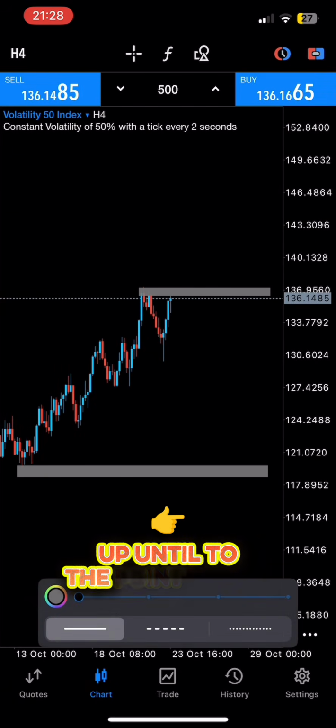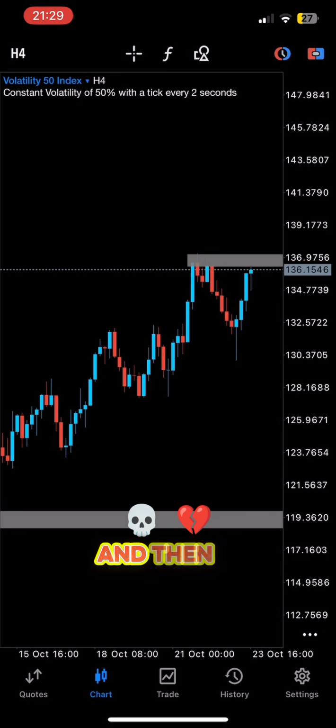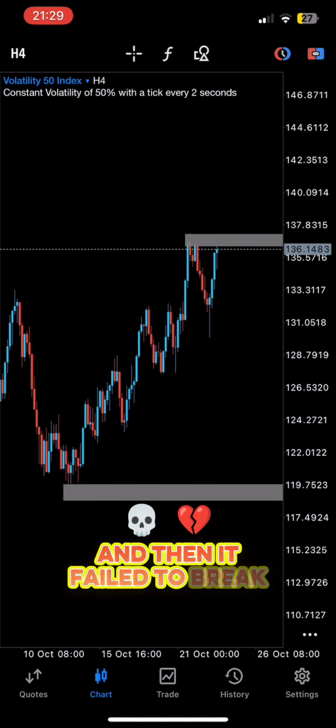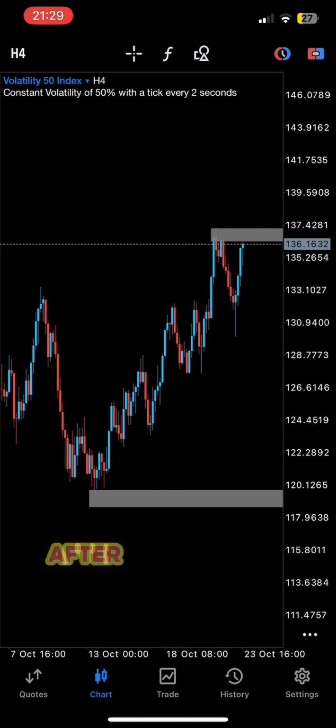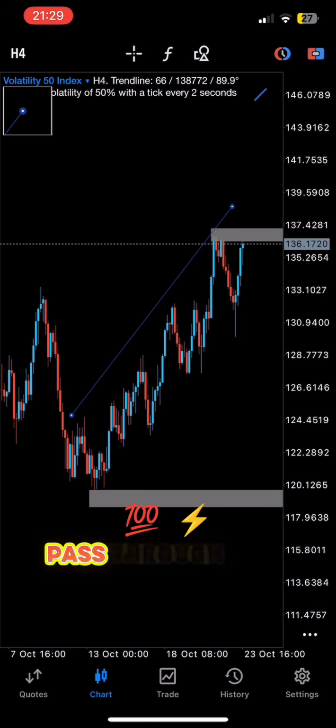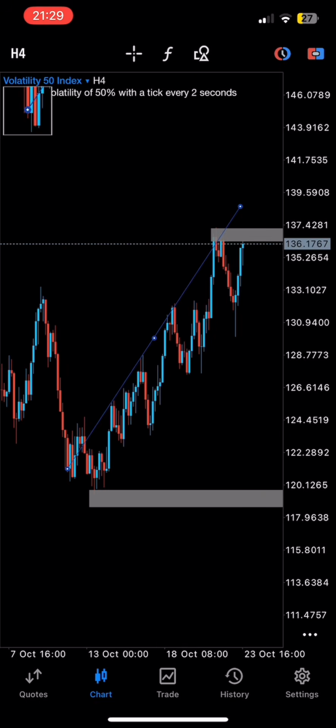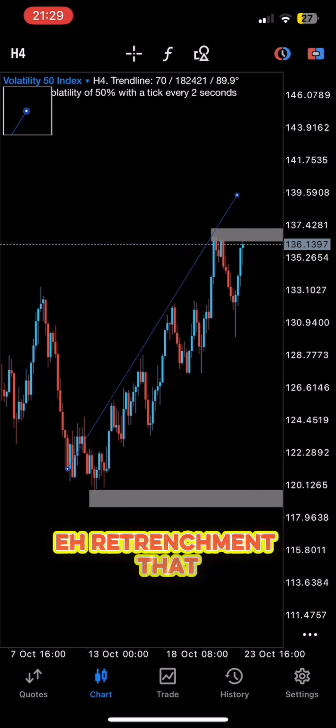Up until the point where the market created the latest higher high, and then it failed to break that high after it attempted to pass through that higher high from the retracement that it had done.